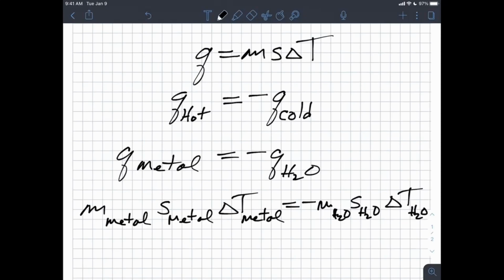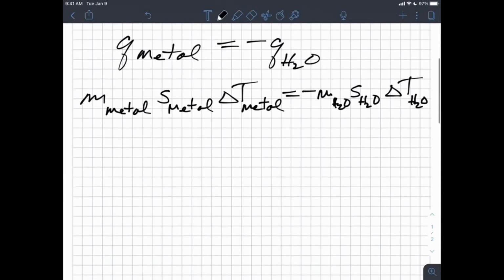We know what temperature the metal starts at. We know what temperature the water starts at. And so we could calculate a final temperature. As an example, maybe we had 50 grams of iron.